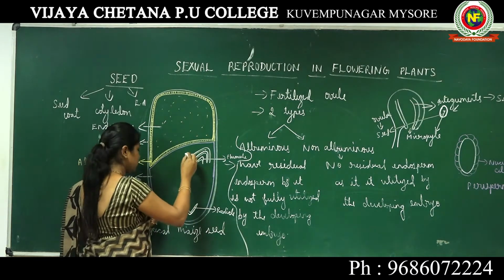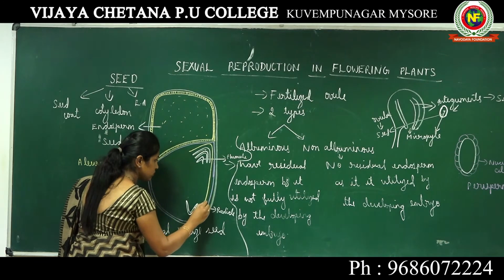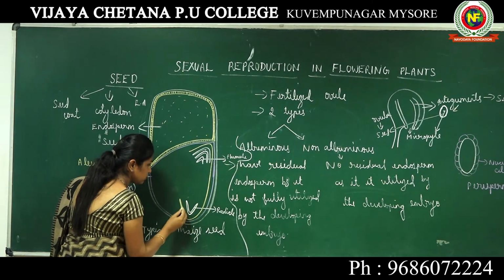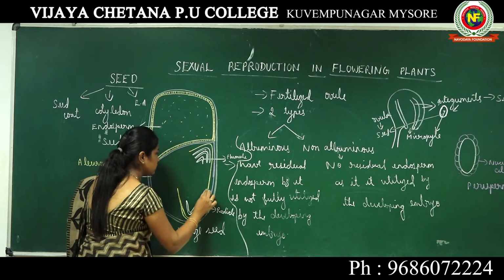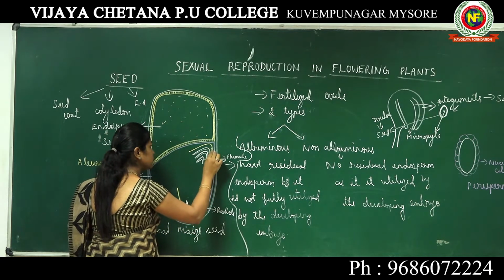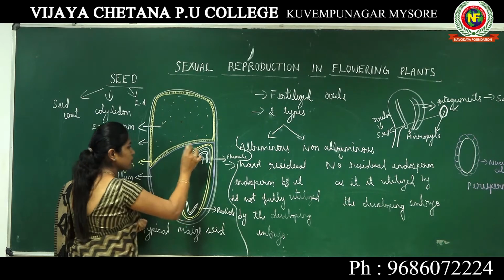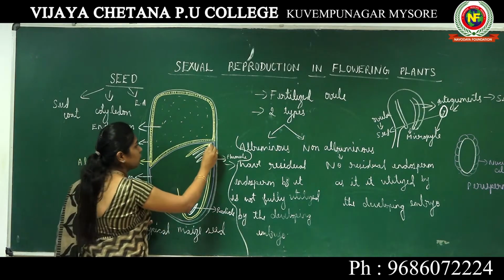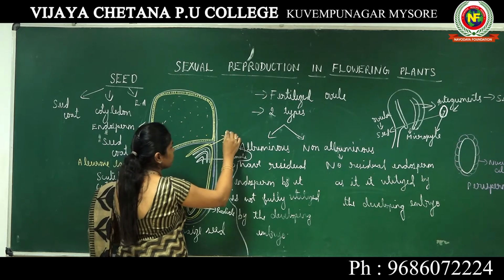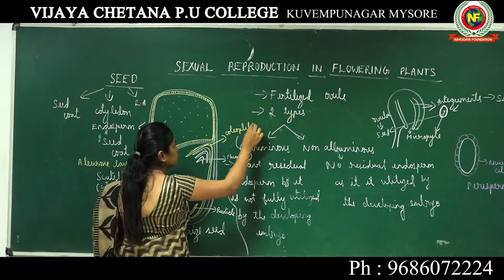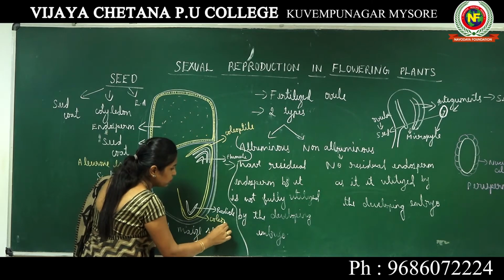Lastly we have the covering sheath. In the epicotyl part, we call it coleoptile, and in the bottom portion of the embryo we call it coleorhiza.